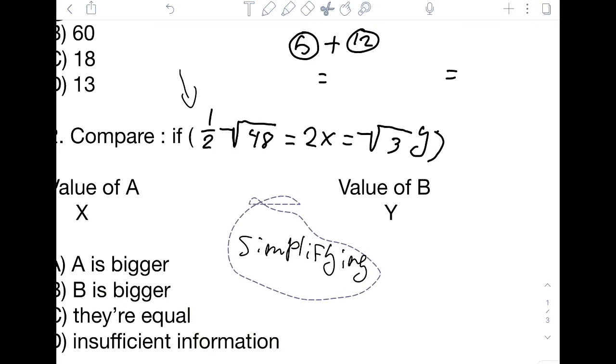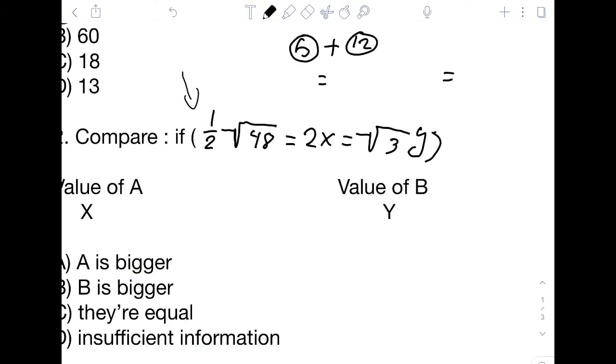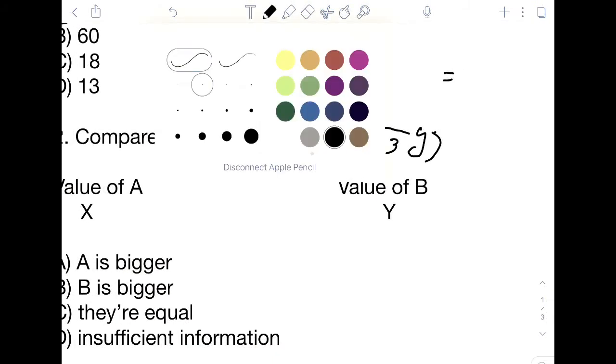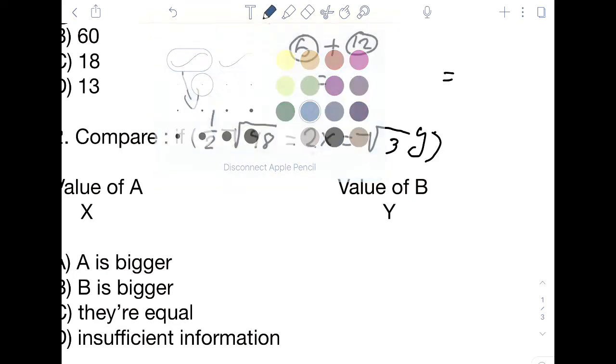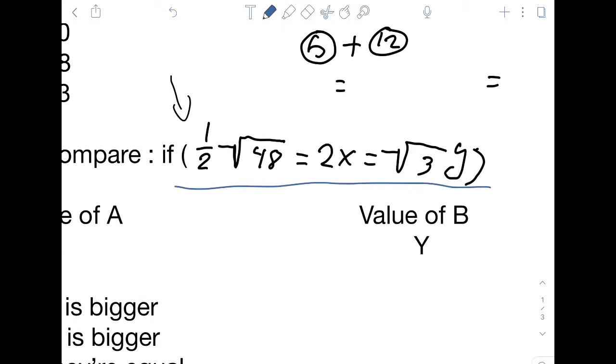You have half root 48, which is equal to 2x, which is equal to root 3 multiplied by y. So how do we go about simplifying this really messy, wordy thing? Well, let's take it apart. Let's start over here.